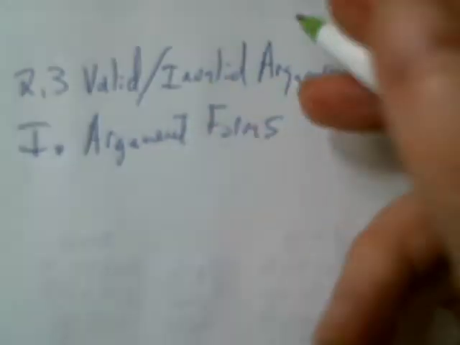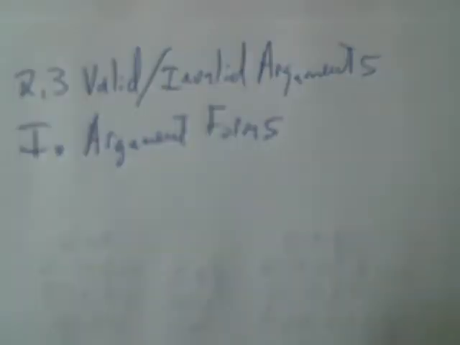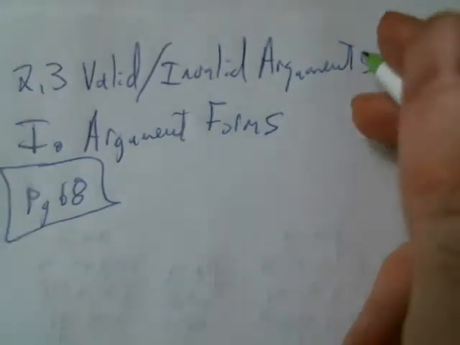Let's take a look at, these stupid pages are all out of order. They give us an argument at the bottom of page 68. So it's kind of an example here.